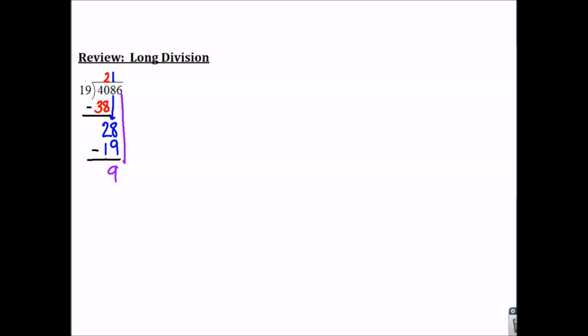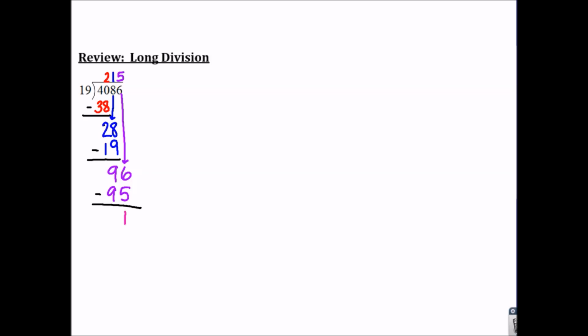Then I'm going to bring down the next digit, which is a 6, and get 96. Then I want to see how many times does 19 go into 96. The answer is 5. So then I need to do 5 times 19, which is 95. Then subtract, and I get 1.